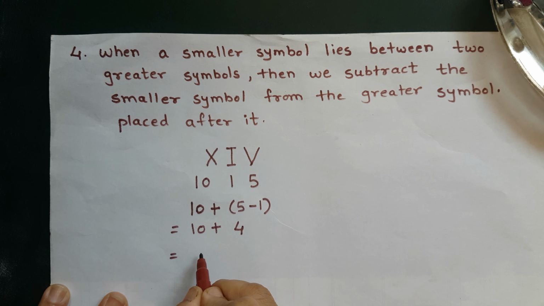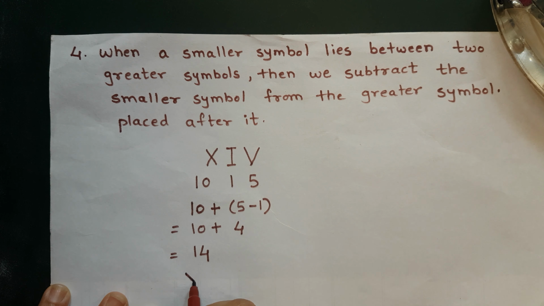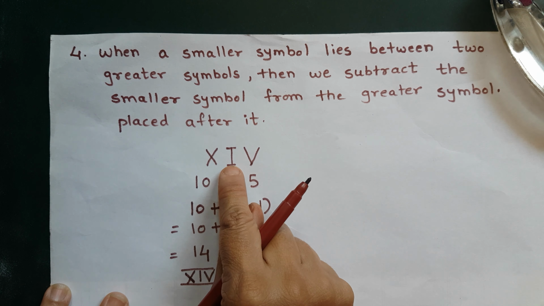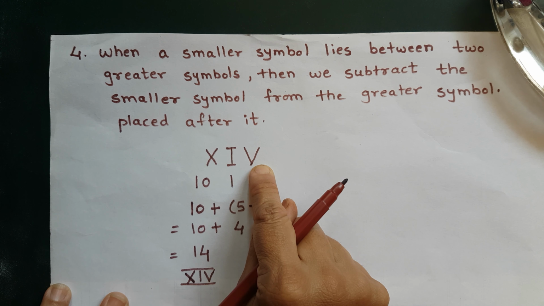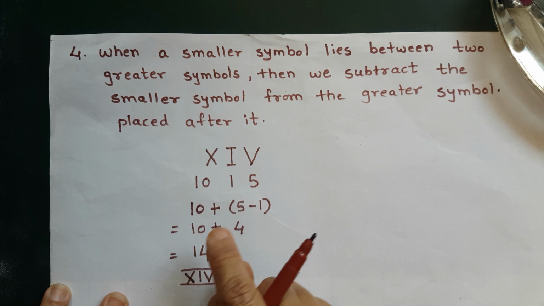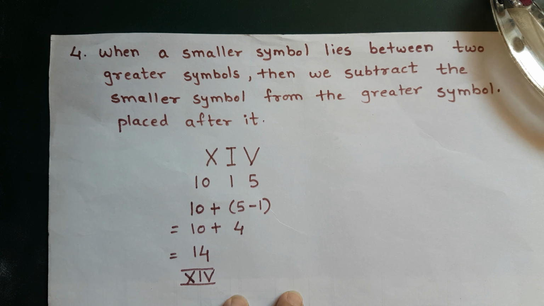My total answer is 14. So the representation of 14 in Roman number is X, I and V. Easy. See, you subtract this number from the next number and the previous one you add into it. Okay. Let's see another example.